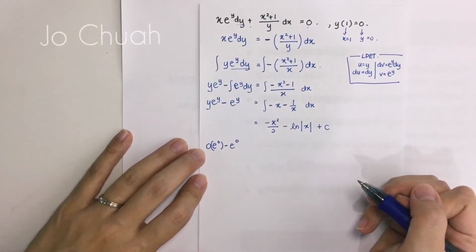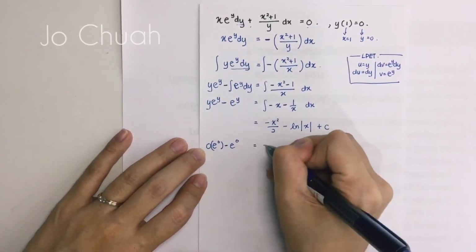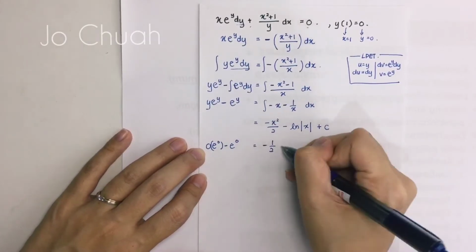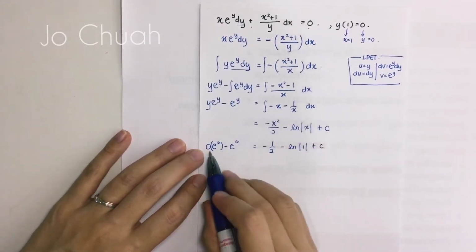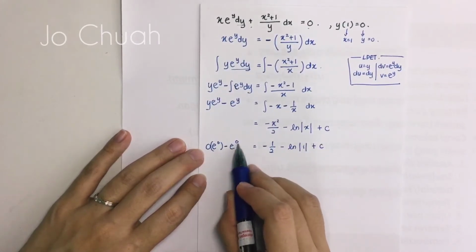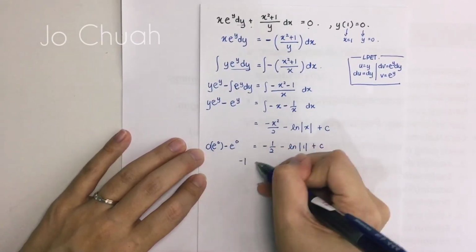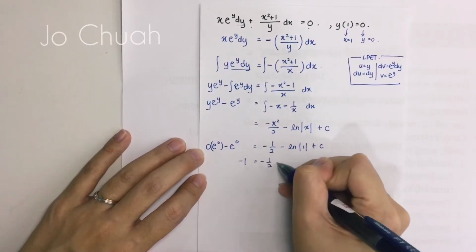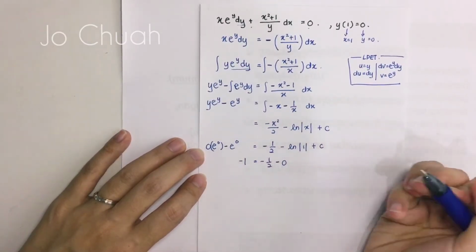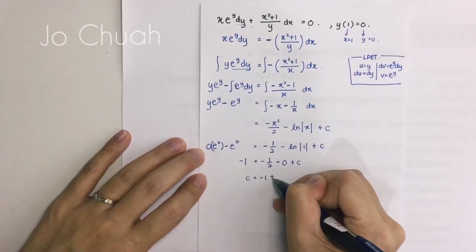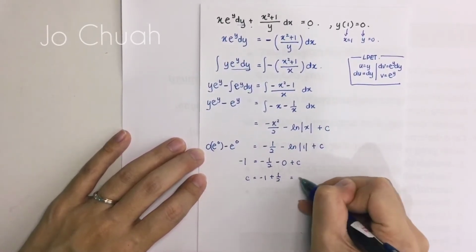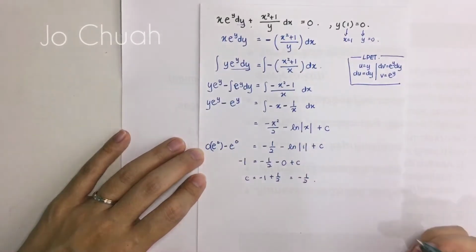And then for this one, negative 1 over 2 minus ln 1 plus c. So this one is 0. This one, e to the power of 0 is 1. So we have negative 1 here. Negative half minus 0, ln 1 is 0, plus c. So c is actually negative 1 plus 1 over 2, which is negative 1 over 2.